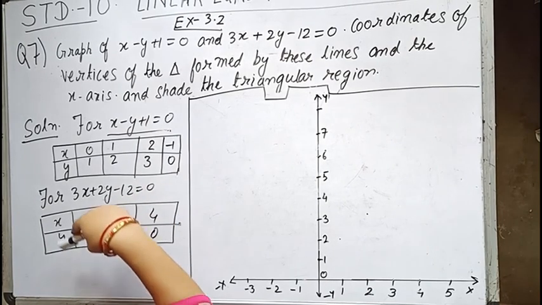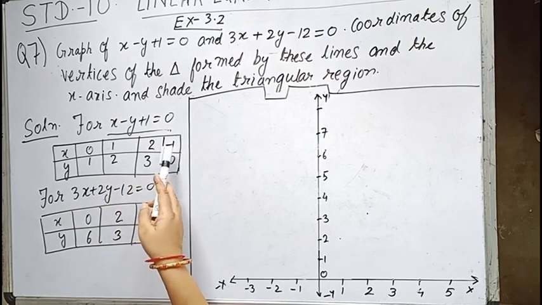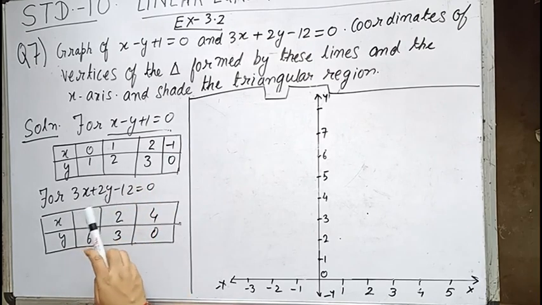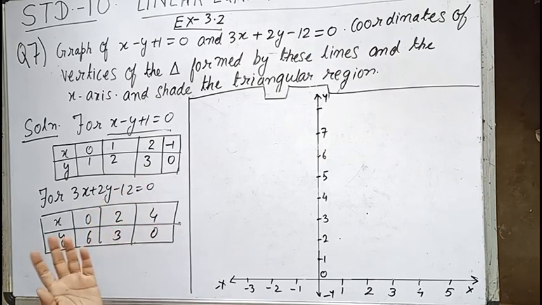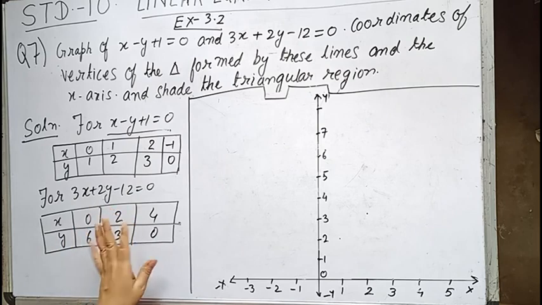We have already got the box. The box for x minus y plus 1 is this one, and the box for 3x plus 2y minus 12 equals 0 is this one. Children, you can take some other points. It's not necessary that whatever points the teacher has taken, you have to take the same.